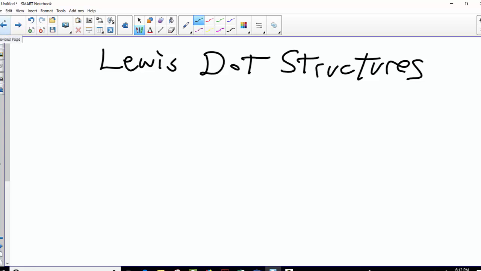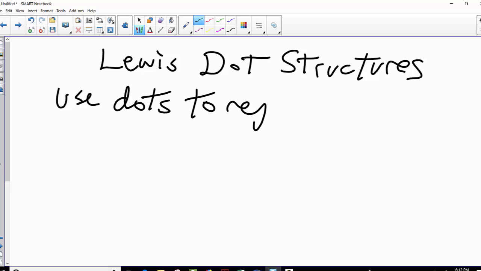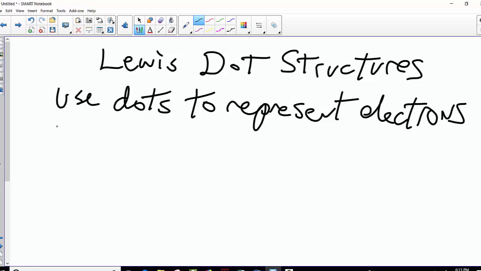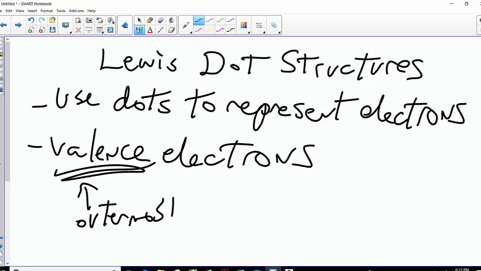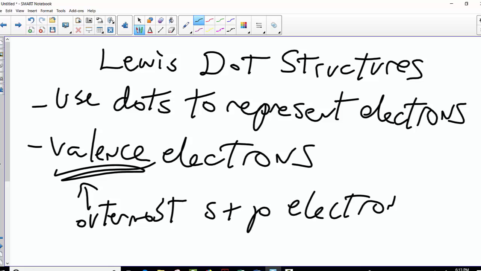In Lewis dot structures, we're going to use dots to represent electrons. And the only electrons we are going to do are the valence electrons. Remember what valence means? Valence means the outermost. S and P electrons. D's and F's don't count. Those count as inner shells.